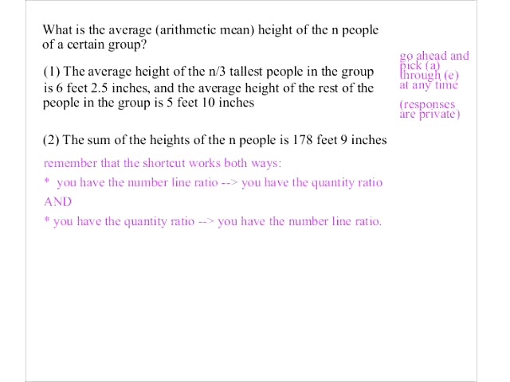So let me just give you a quick summary. Most of you have this, but let's look at statement 2 first, because statement 2 we can dismiss pretty quickly. Average is sum divided by count. In this case, we have the sum, but we don't have the count.